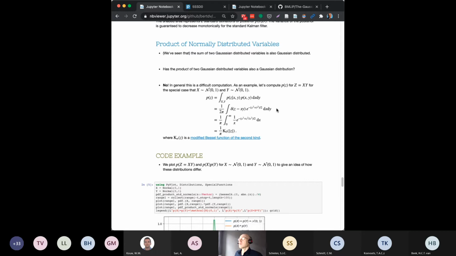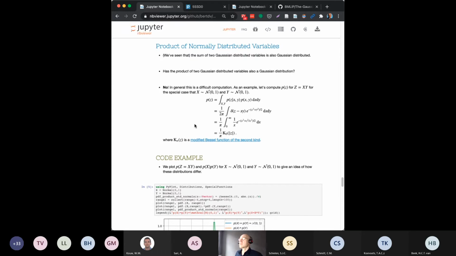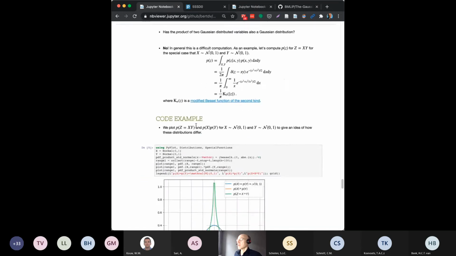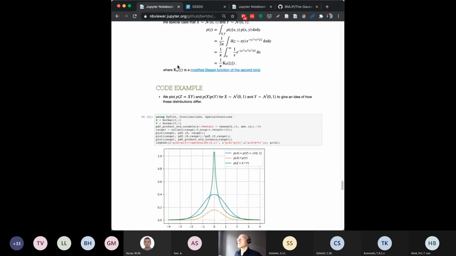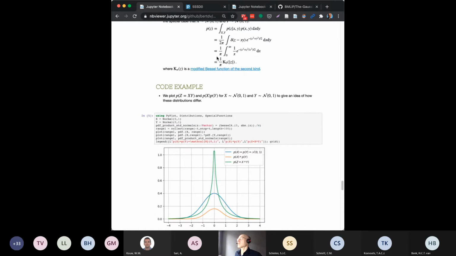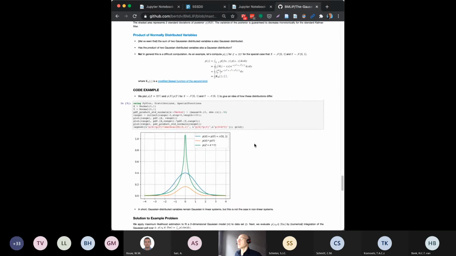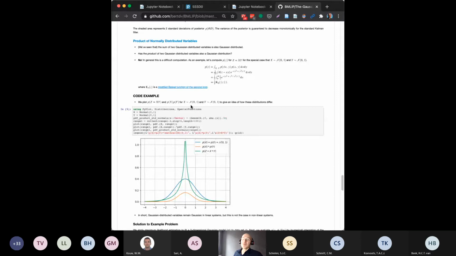There's one tricky thing that I will also emphasize, and that is that it's important to see the difference between multiplying two Gaussian distributions and multiplying two variables where each variable has a Gaussian distribution. Unfortunately, now in the NB viewer, it's not rendered properly, but it is rendered properly here. If you multiply two Gaussian distributions, you get a new Gaussian distribution.